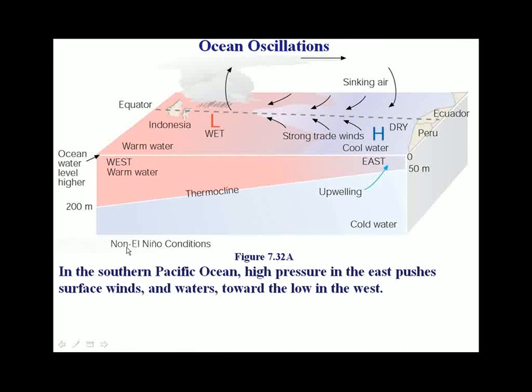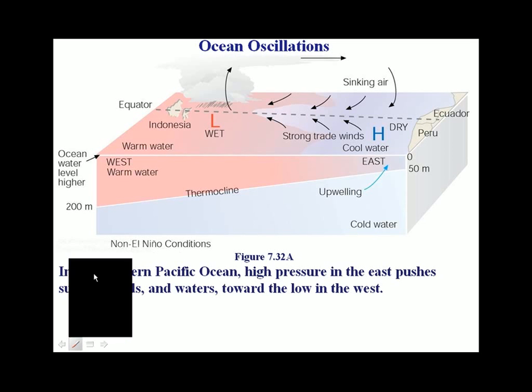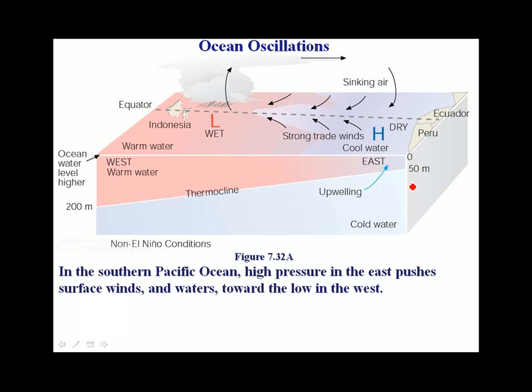And typically in non-El Nino conditions, in normal conditions, we're looking at depth of water here. From here to here is about 50 meters below the surface of the water. And we're going down to a depth of about 200 meters here.